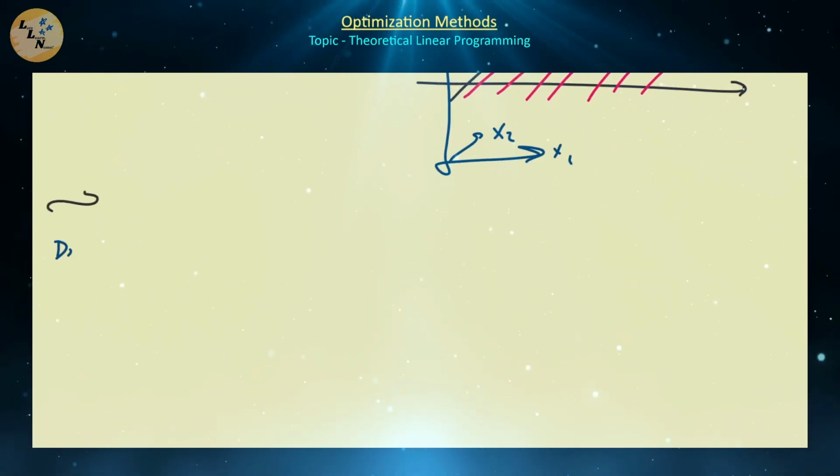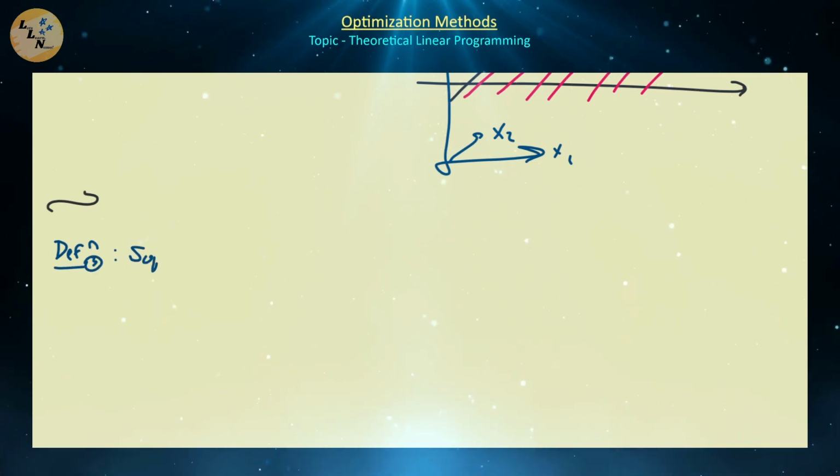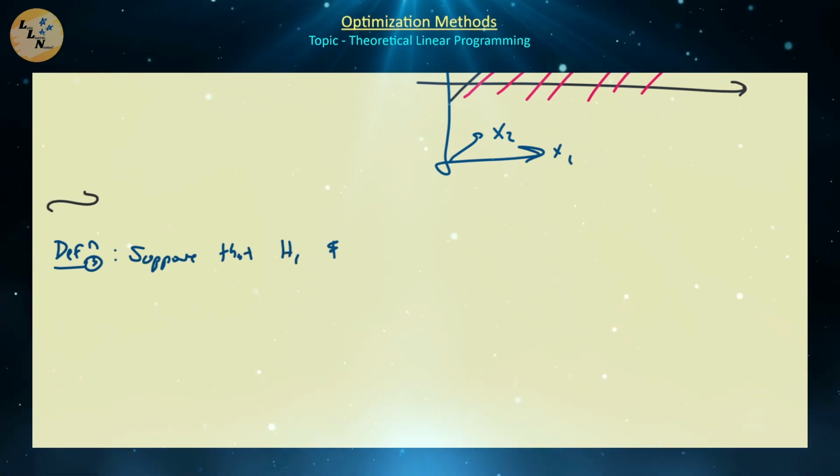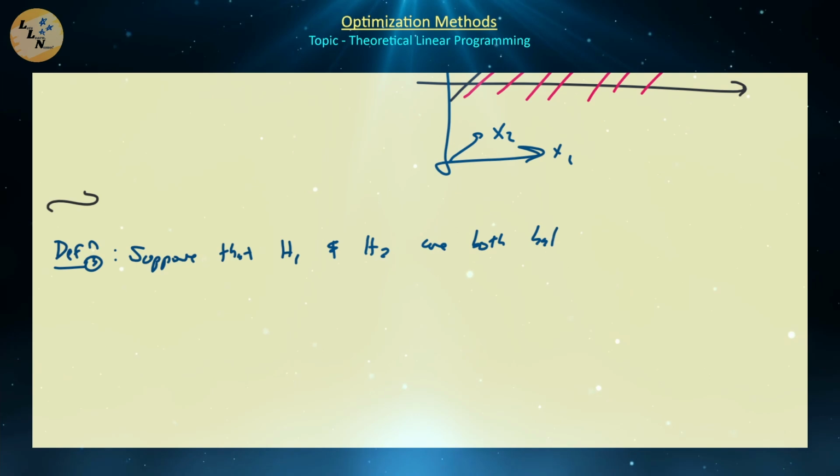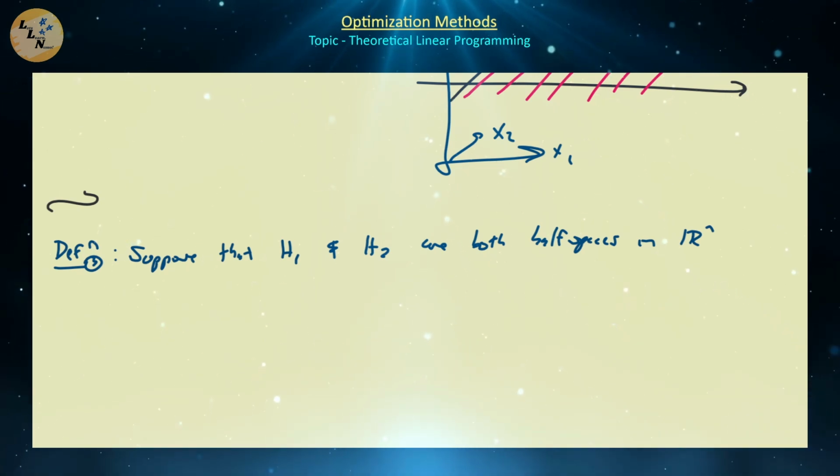So our next concept that we need is the following. Suppose that H1 and H2 are both half spaces in the same vector space Rn. So you can't have H1 in R2 and H2 in R6. You can't have that.